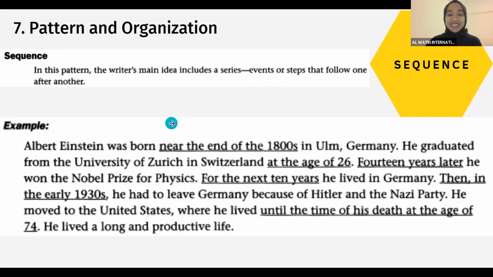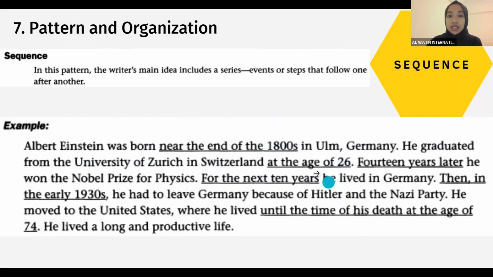In the beginning, what is the keyword here? Near the end of the 18th. So they start in the really past, from the year 18th. Okay, in Ulm, Germany, he was born, and then he graduated at the University of Zurich in Switzerland at the age of 26. This is also the second sequence.